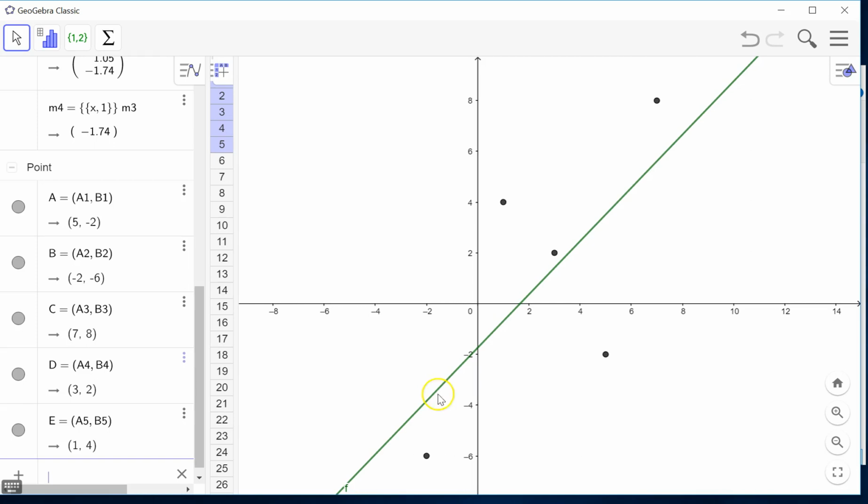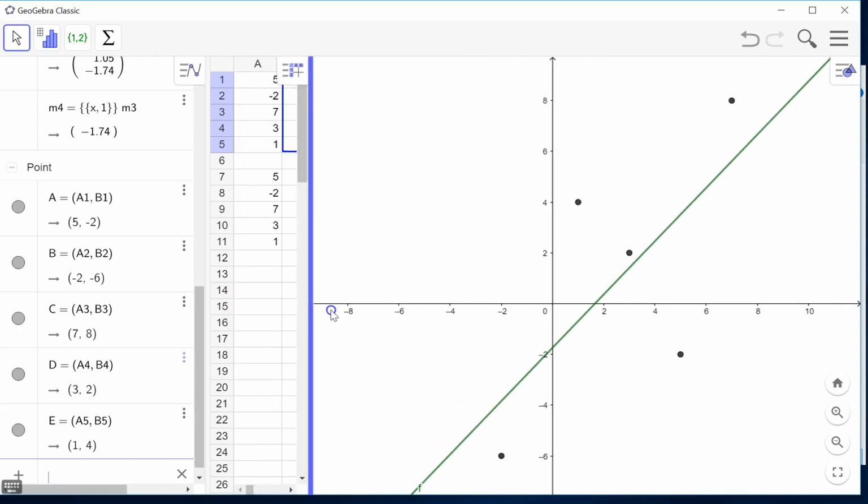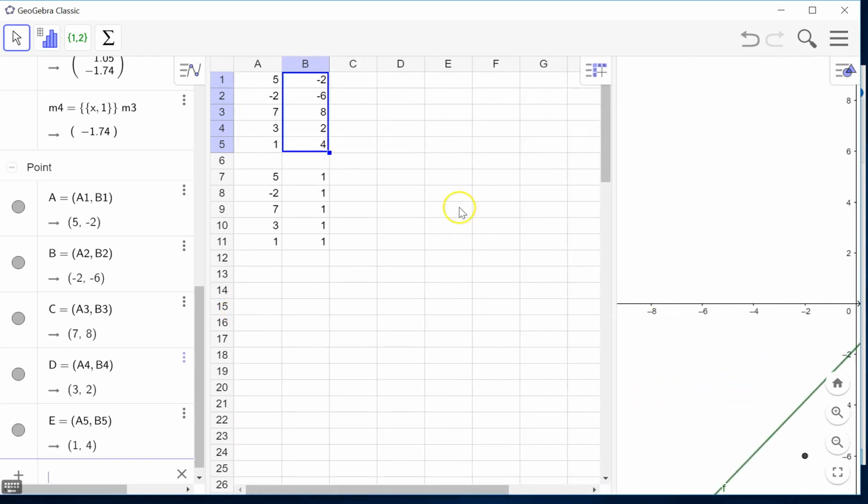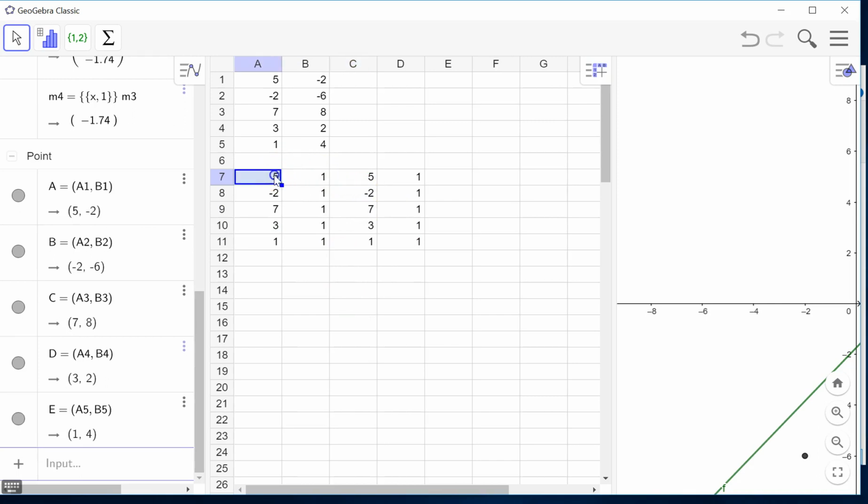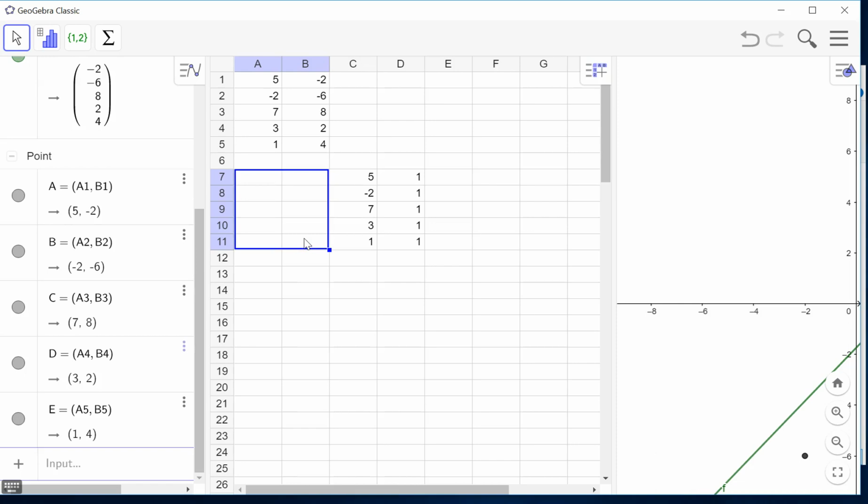So if I go back over to the spreadsheet here, let's move some things over here. So those were my coefficients on the x's and on my b's.